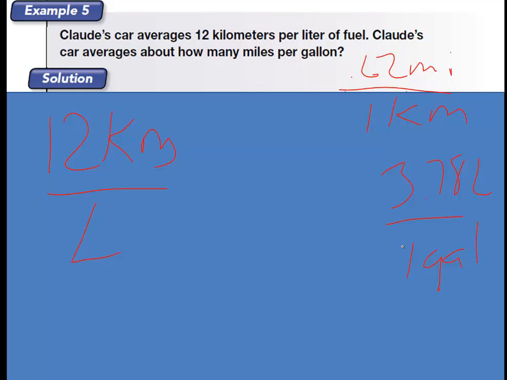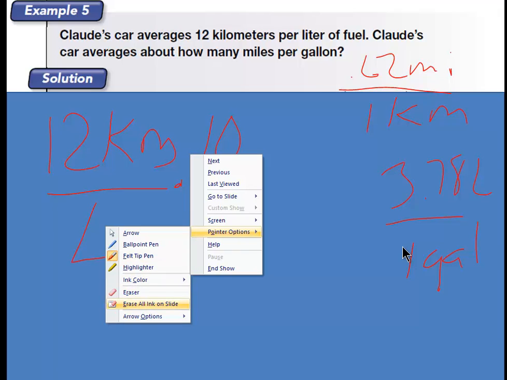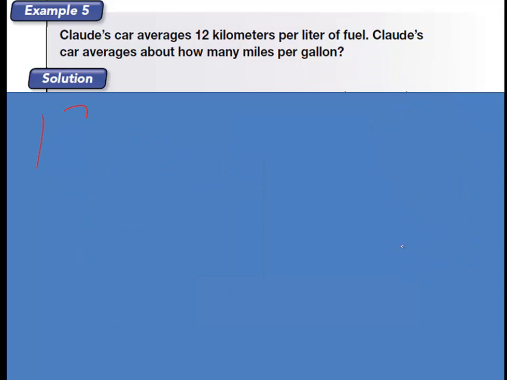Okay, so we've got our 12 kilometers and our liters here. So we've got to eliminate our kilometers because there are no kilometers in the answer. So we're going to go 0.62 miles. Let me fix that, sorry. Okay, let's start that again. All right, so we've got 12 kilometers over a liter.